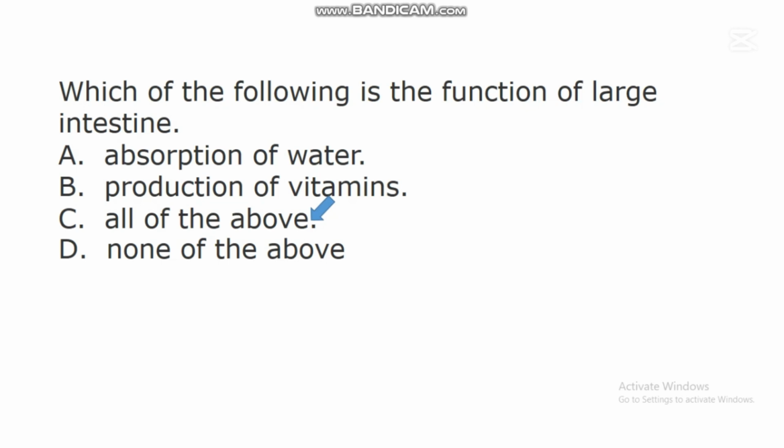Studies have shown that there are some vitamins that are produced in the large intestine. There are some bacteria in the large intestine, and they play a role in production of certain vitamins. All these things are facts about the large intestine with respect to the roles it plays in the body system.